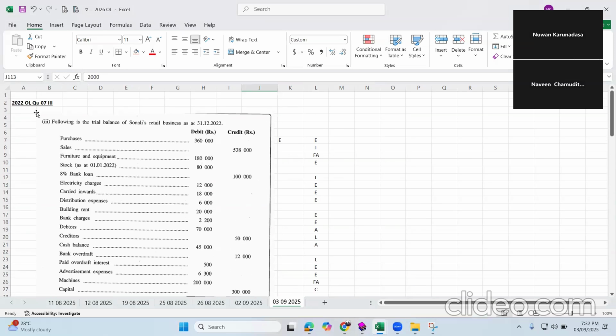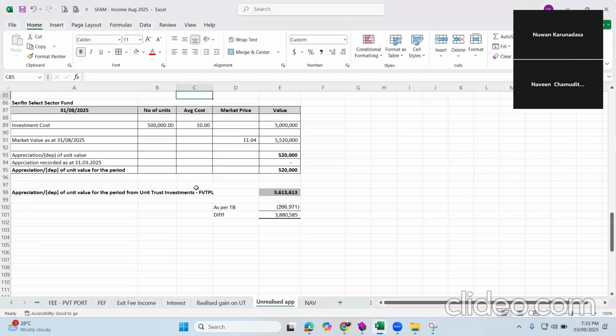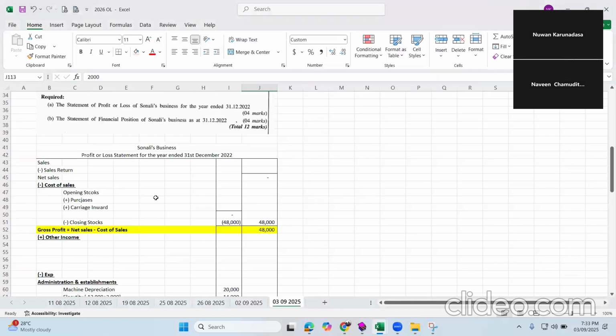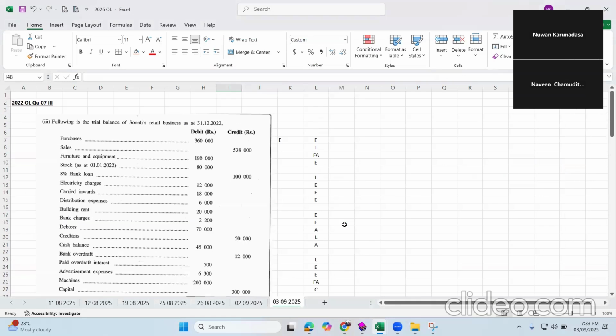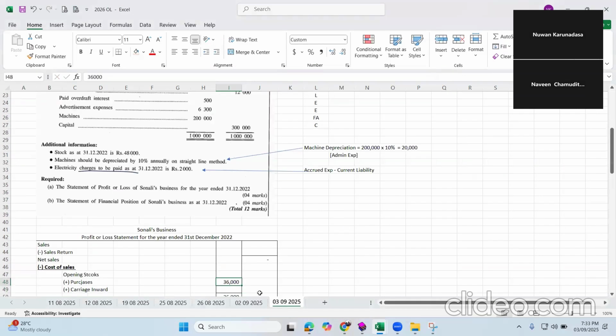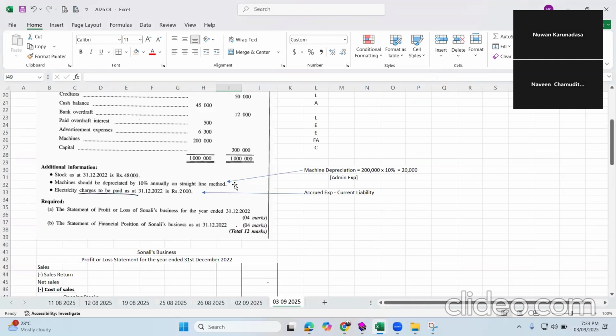So now we will come to the trial balance. Purchases 360,000. Just copy the numbers from the trial balance. Then sales 538,000.